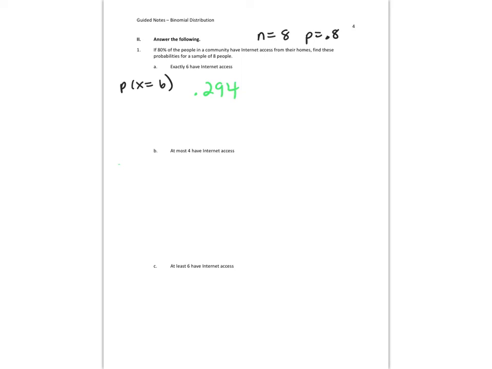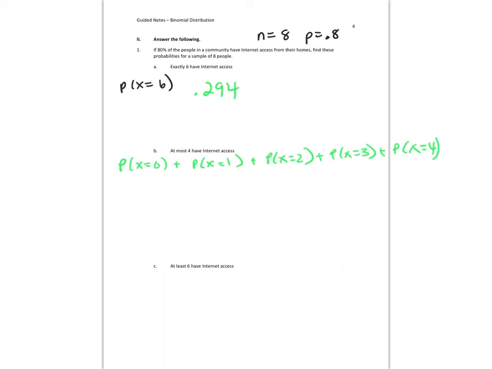At most 4. Now what is at most 4? Well, that would be the probability x equals 0 plus probability x equals 1 plus probability x equals 2 plus probability x equals 3 plus probability x equals 4. So let's go back and look, 0 through 4.